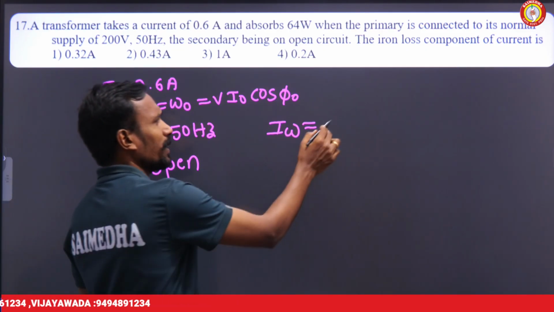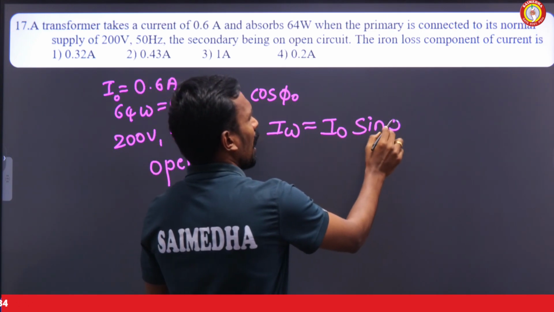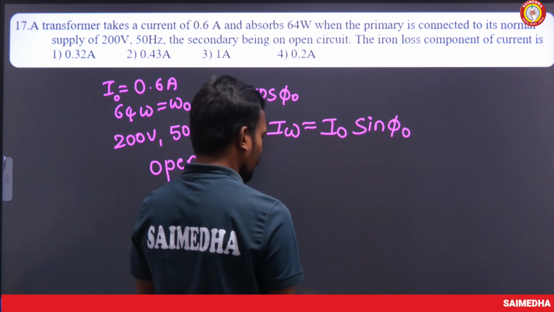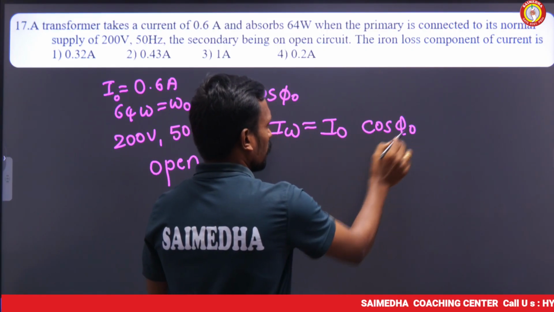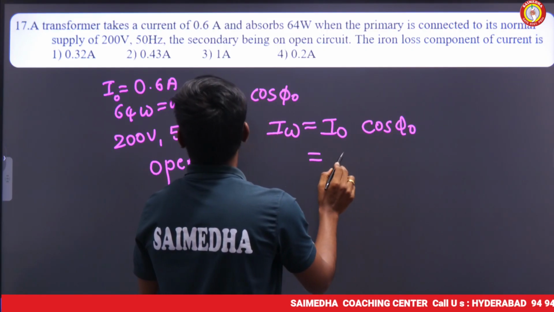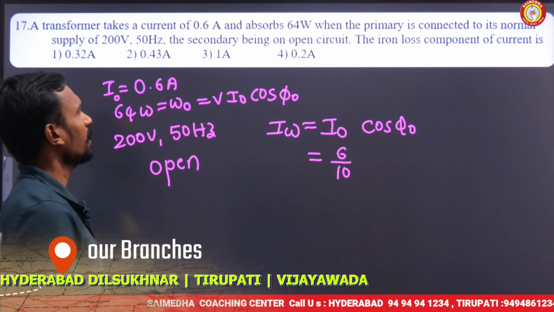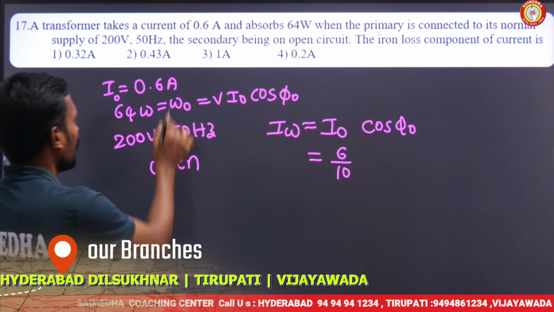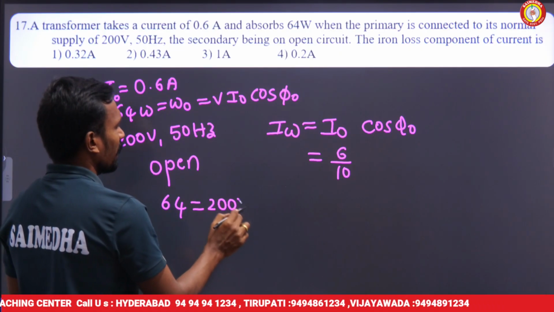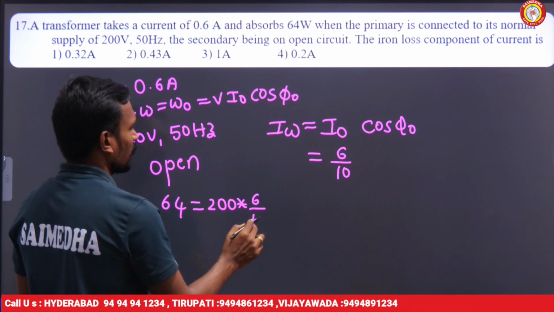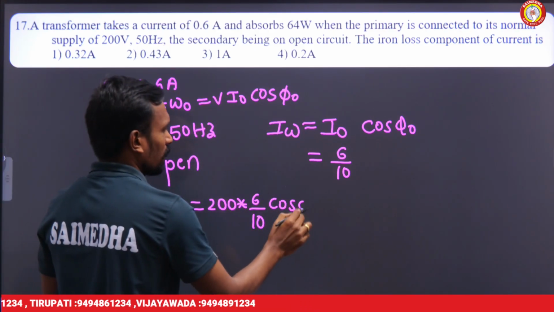What is the loss component? IW is equal to, what is the formula? IW is equal to I naught cos phi naught. I naught is 0.6 multiplied with cos phi naught. What is the cos phi naught value? Let's calculate. W naught is equal to V, the rated value, I naught is 0.6, into cos phi naught.